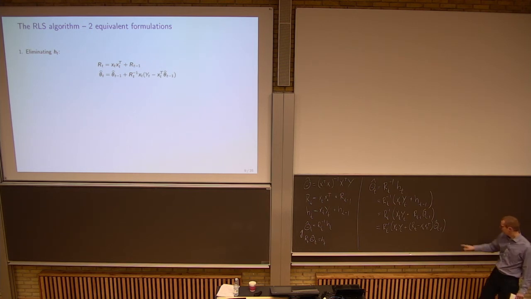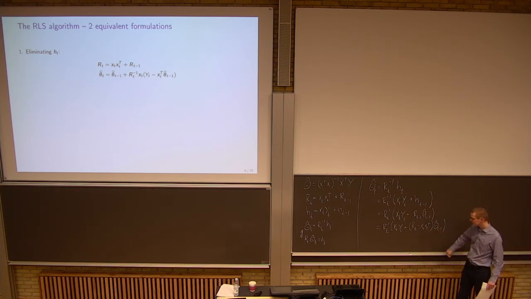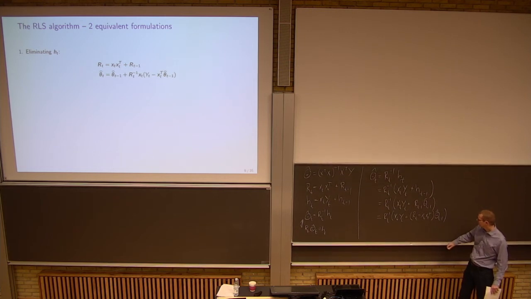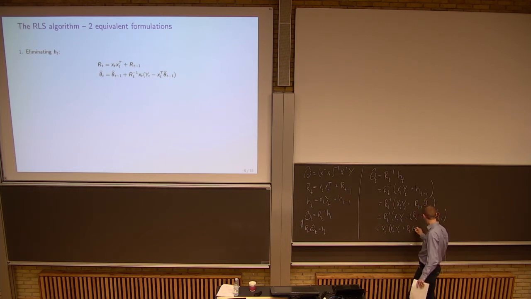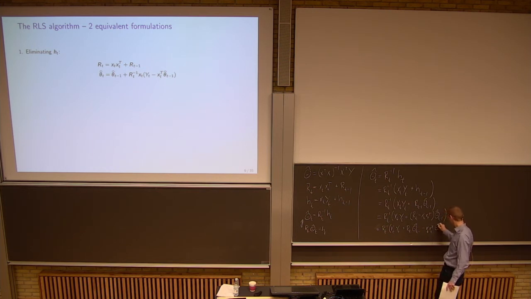Next part is to just multiply in here, and I'll take it in two steps. So we have the R_t inverse, and then we have x_t y_t plus R_t on theta hat_{t-1} minus x_t x_t transpose on theta hat_{t-1}.